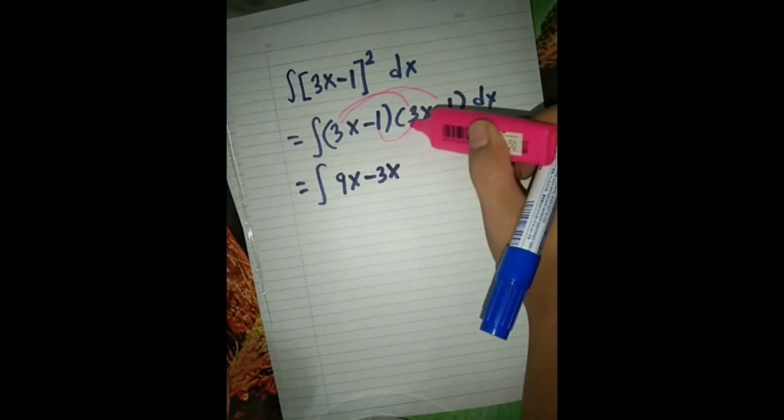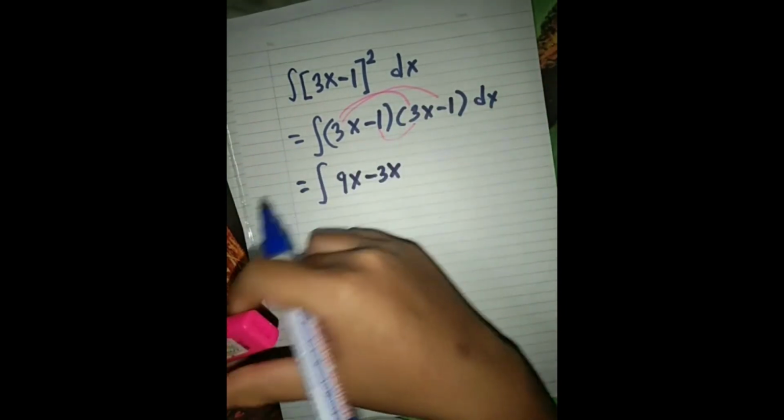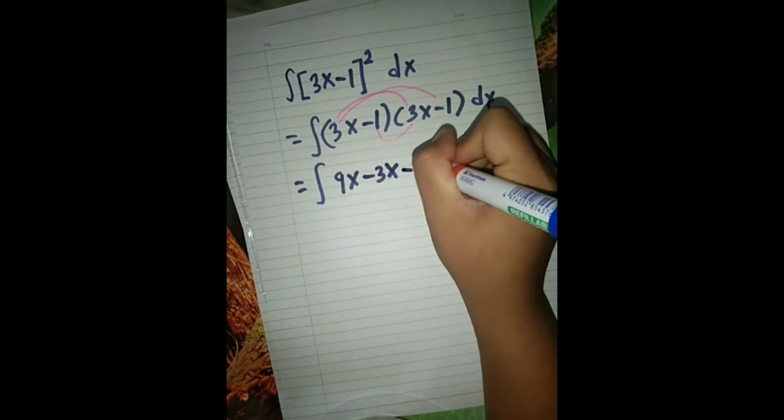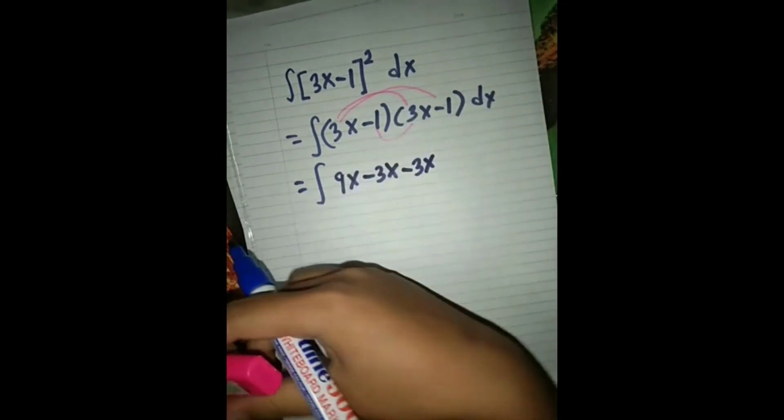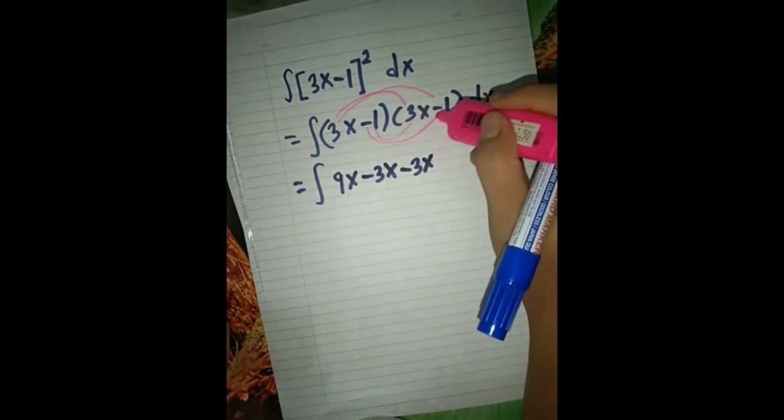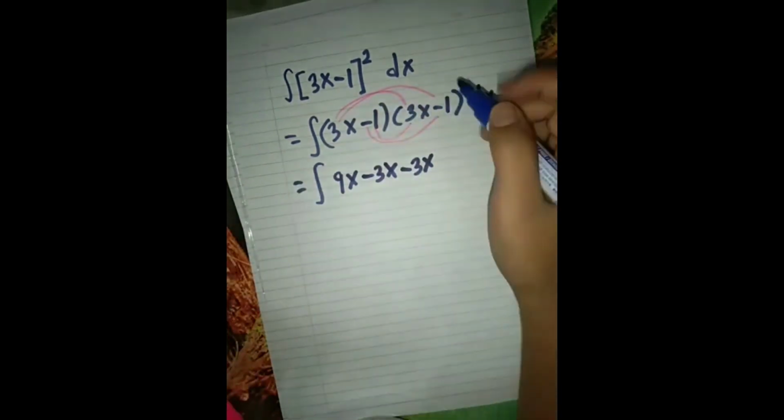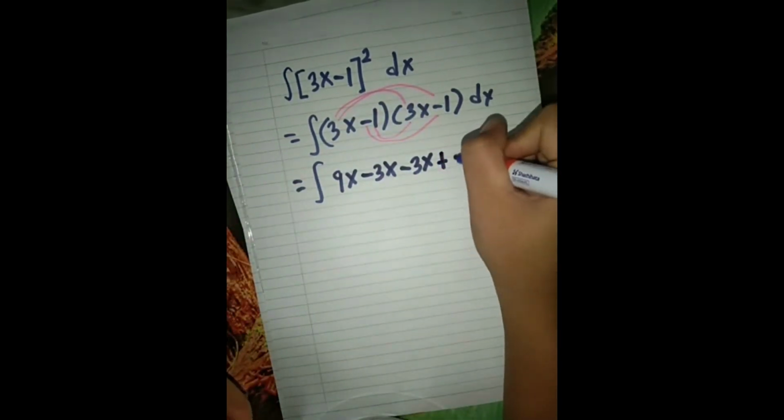Negative 1 times 3x, we get negative 3x. Negative 1 times negative 1, we get positive 1.